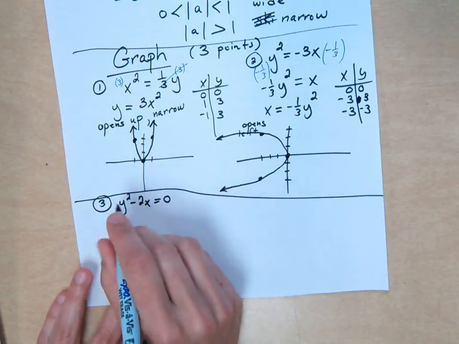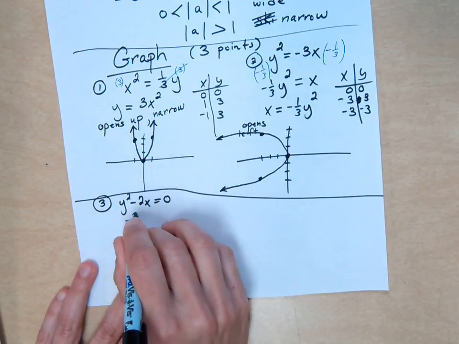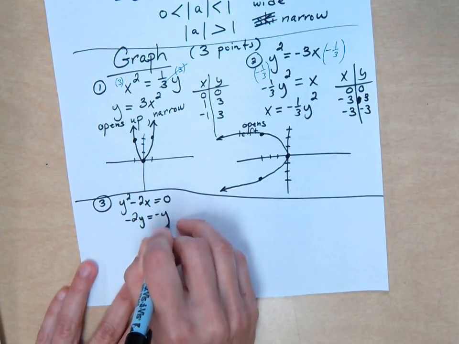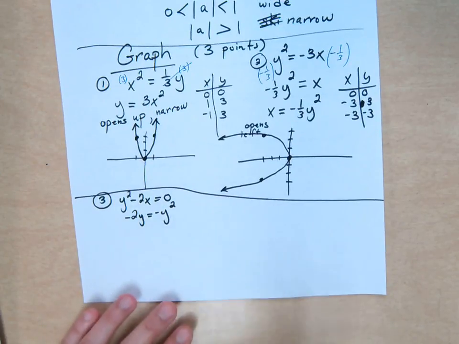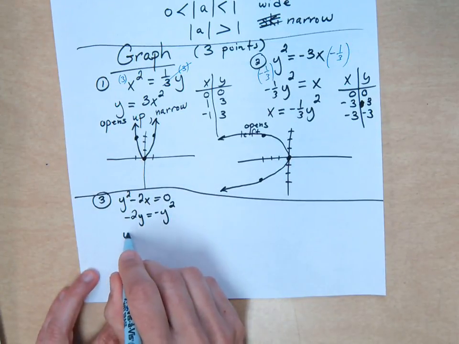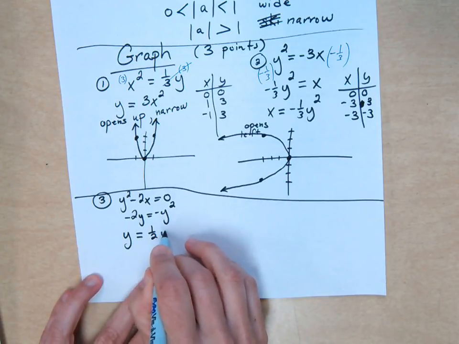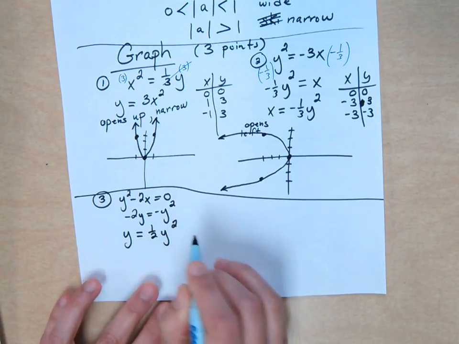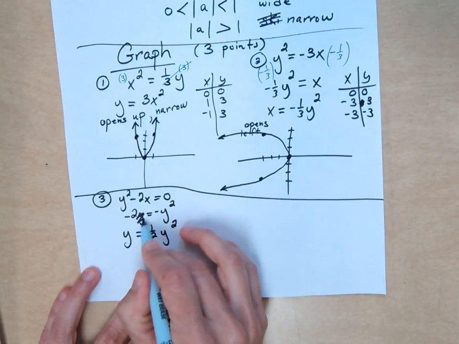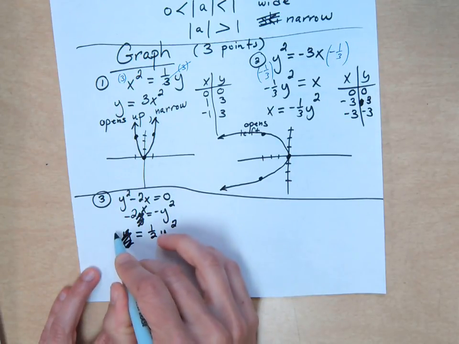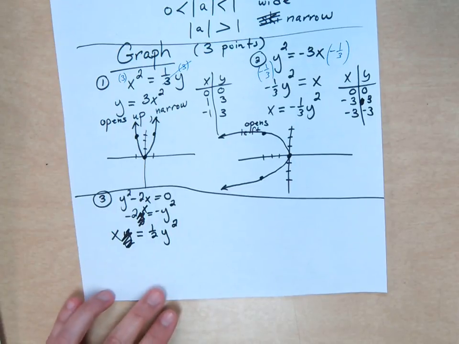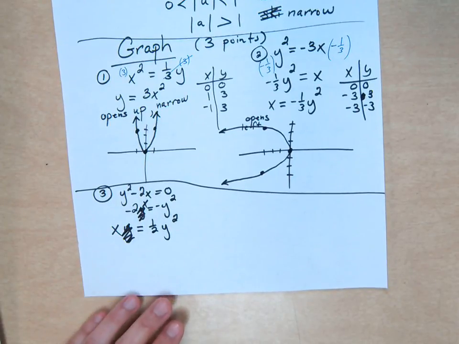We get the y squared out of the way, subtract y squared from each side. That's out of the way. Divide by negative 2. So you have positive 1/2 y squared. So x equals 1/2 y squared.